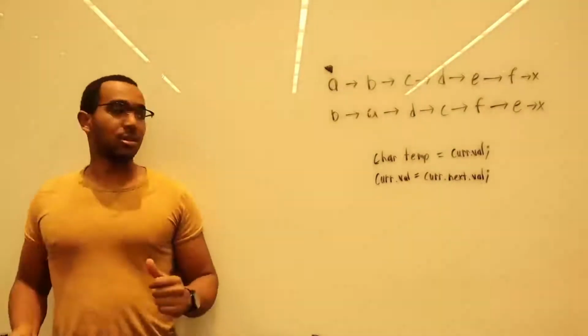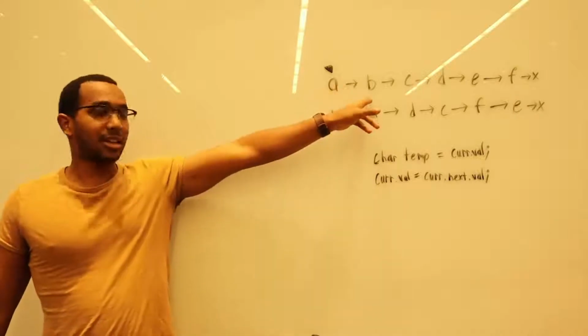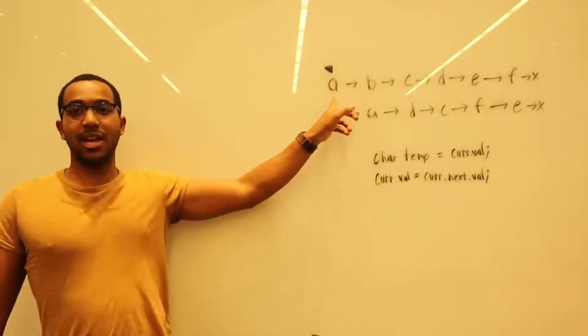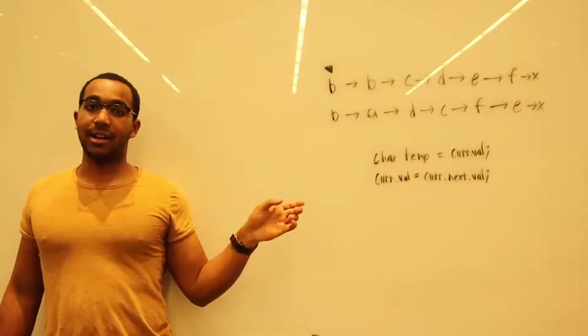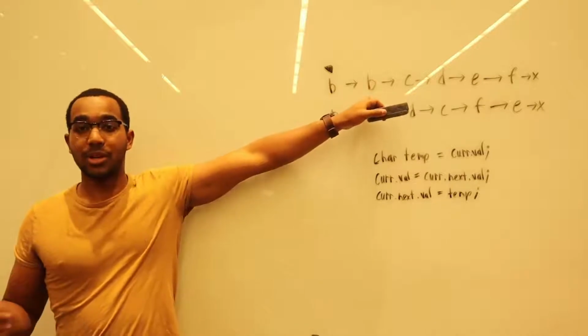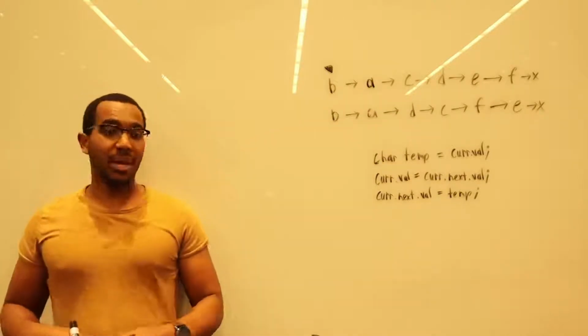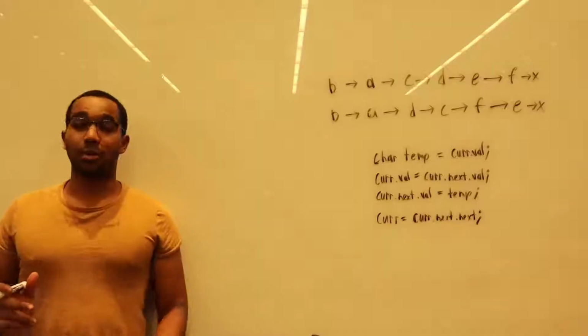Okay, this makes sense. So cur.val equals cur.next.val. The B becomes the A. And then we can say cur.next.val equals this temp. And that means we're going to make that next value what we held, which is A. And then we can make cur equal cur.next.next.